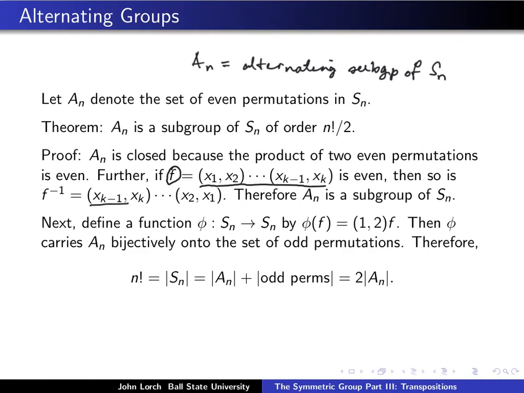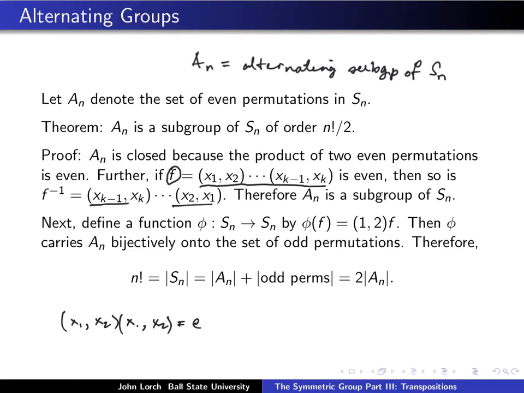The reason for that is that if you take any transposition times itself, say x1 times x2, any transposition times itself is the identity. You're essentially swapping something and then swapping it back.